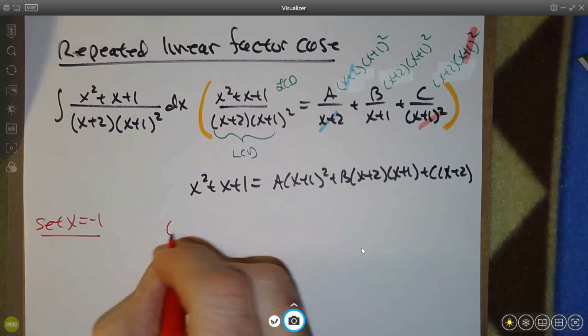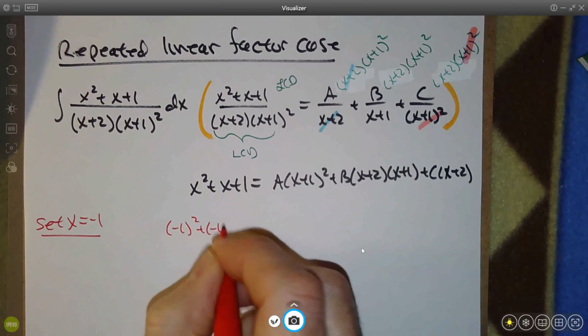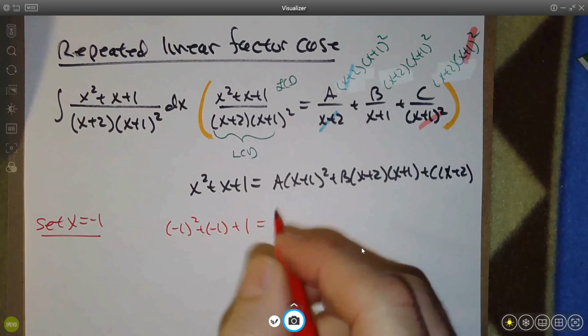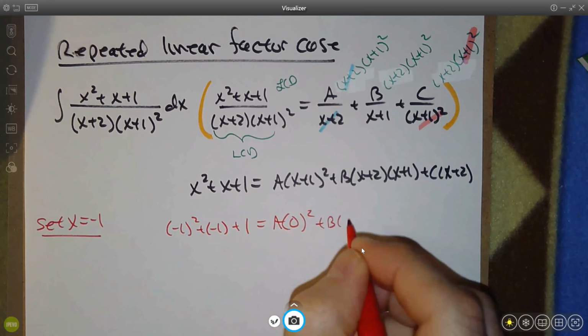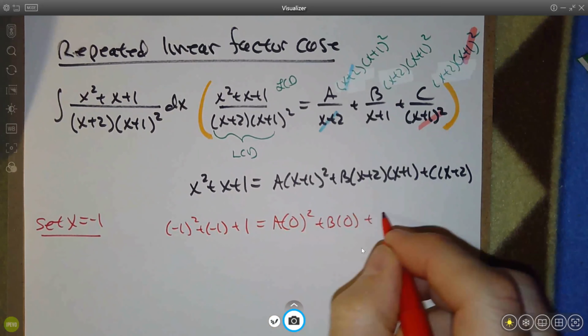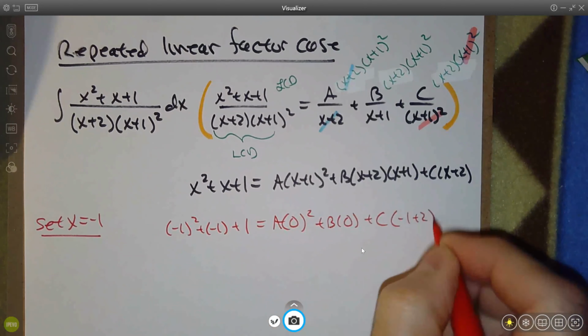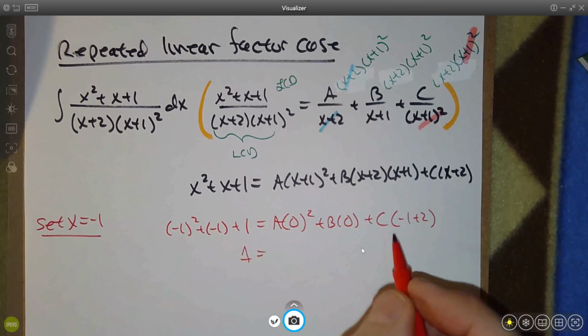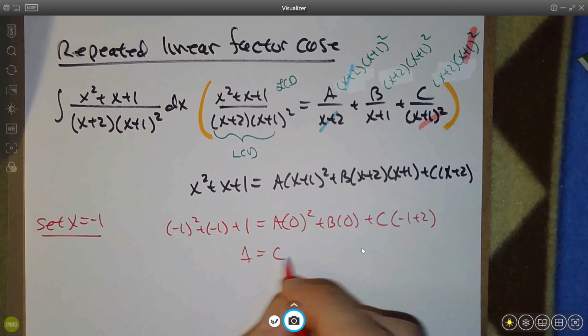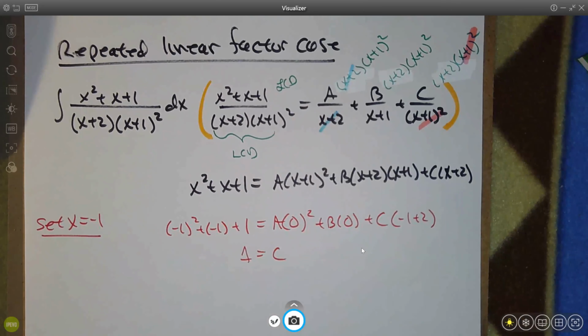So it's going to be -1 squared plus -1 plus 1 equals A times 0 plus B times 0 plus C times -1 plus 2. On the left-hand side, 1 minus 1 is 0, plus 1 is 1. So we get 1 equals C. That's cool.